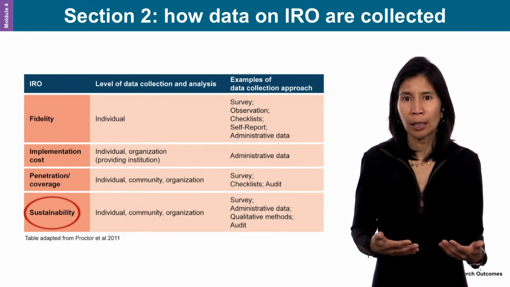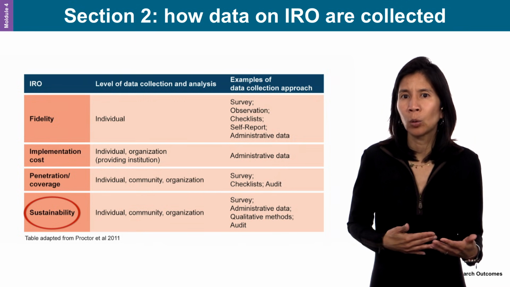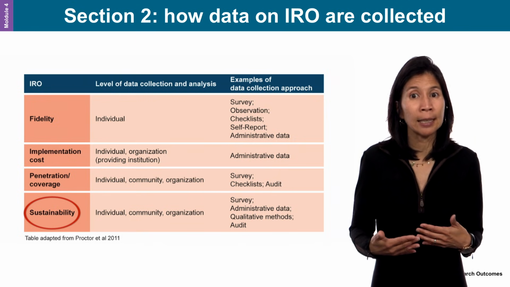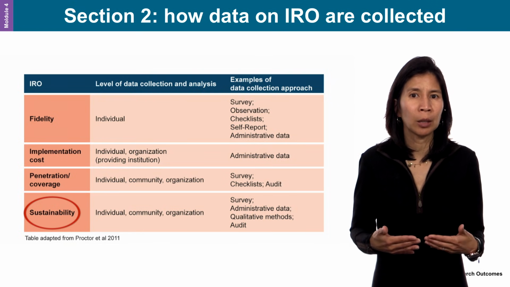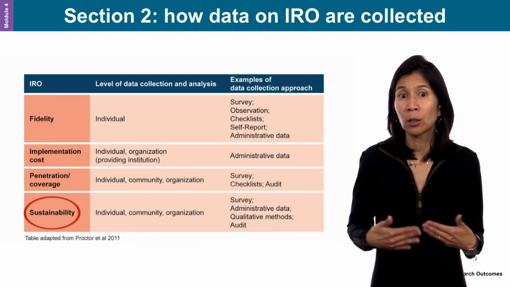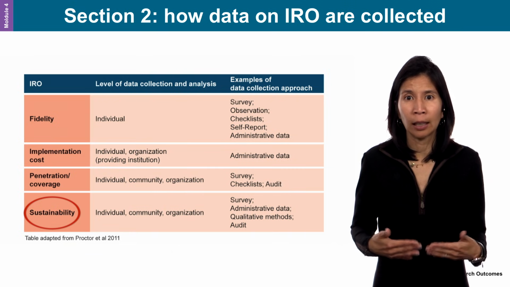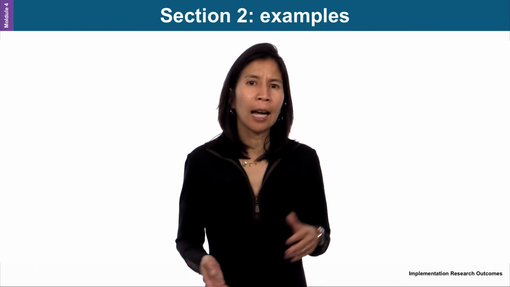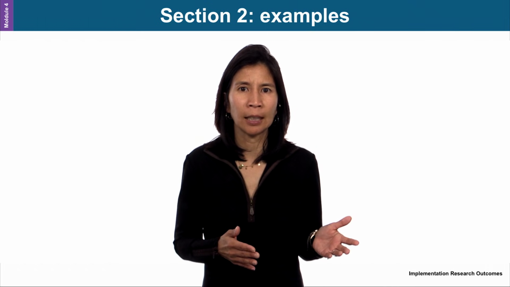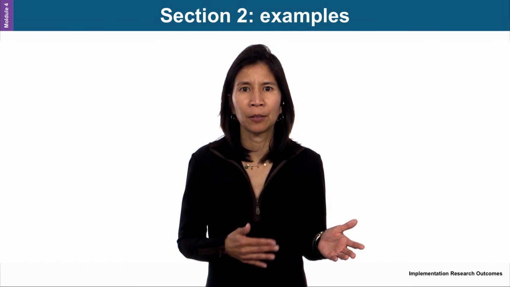And finally, sustainability, which is defined as the extent to which an intervention is maintained in a given setting or context, can be measured at the individual, community, or organizational level using surveys, administrative data, and qualitative methods, including an audit.